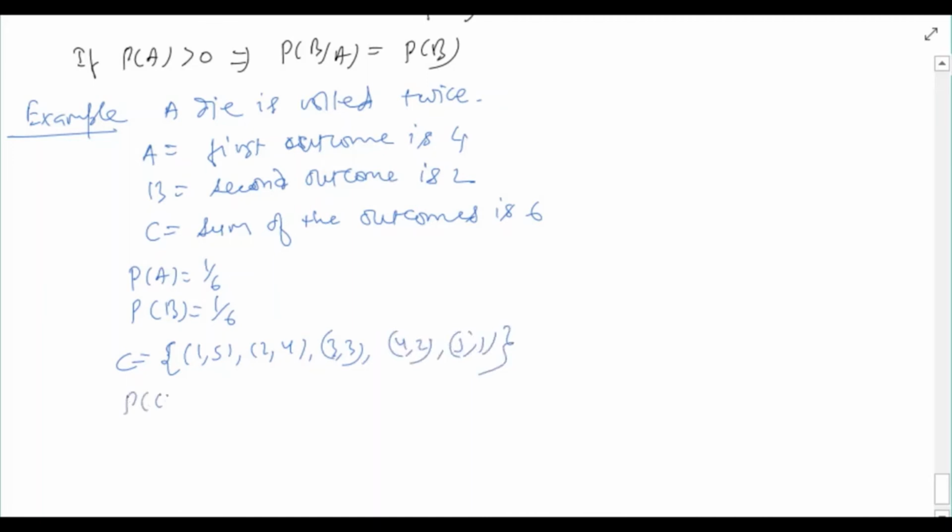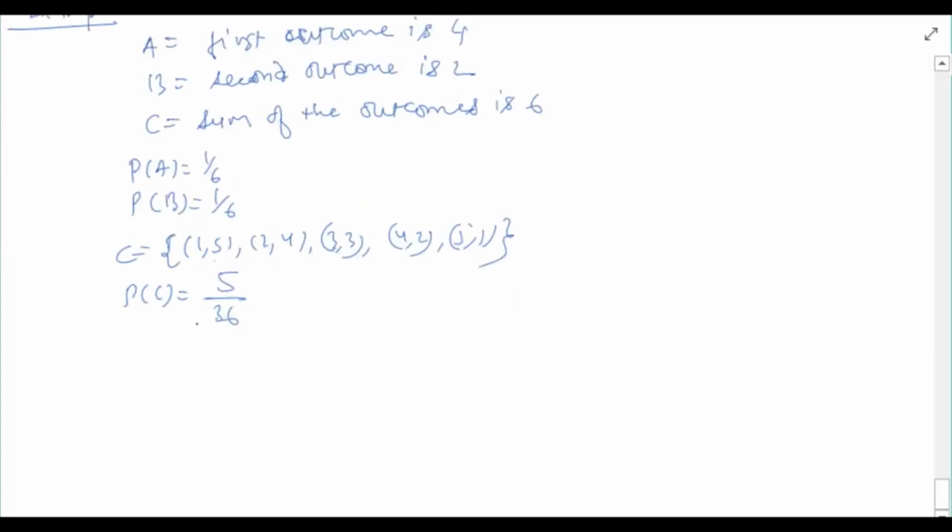So probability of C is, the number of favorable outcomes is 5 and total number of outcomes in tossing a die twice is 36. So probability of C is 5 by 36. Let us ask the following questions. Are events A and B independent?